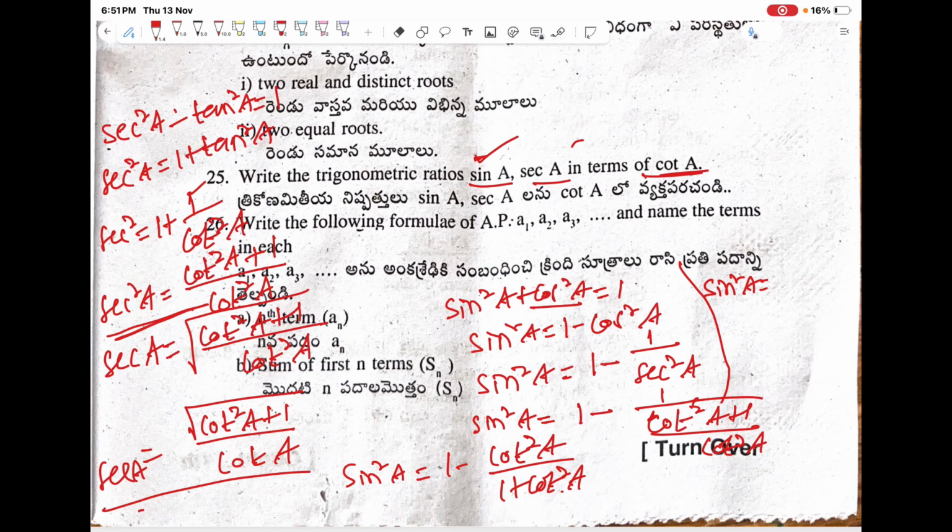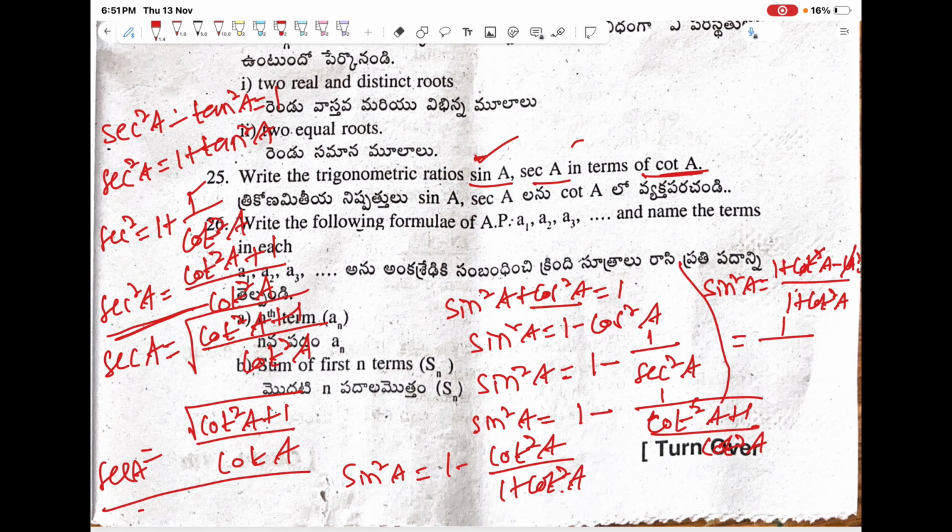Now let us simplify sin square A: 1 plus cot square A, then minus cot square A, all by 1 plus cot square A. So cot square A cancels.